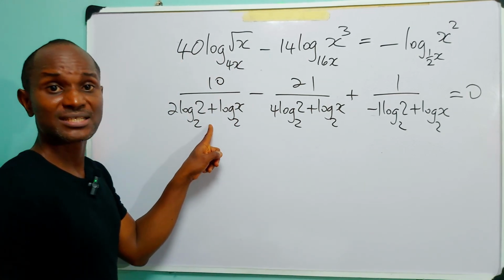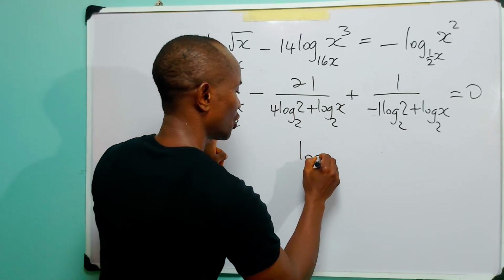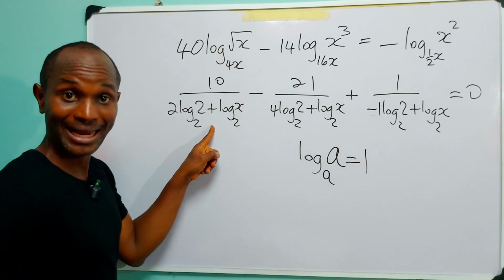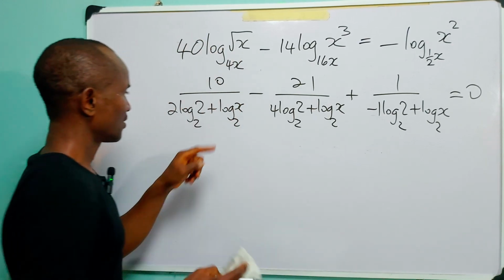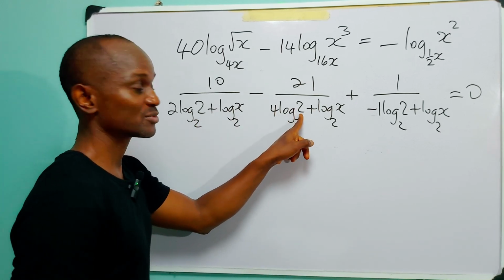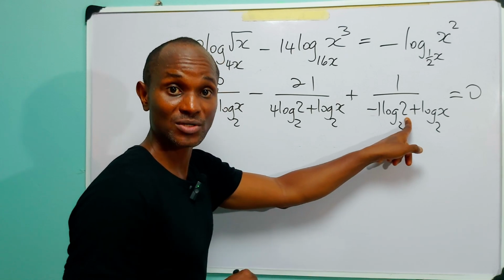Now, having expressed it in this form and recalling that log to base a of a is equal to 1, we have that 2 times 1 is 2, 4 times 1 is 4, and minus 1 times 1 is minus 1.